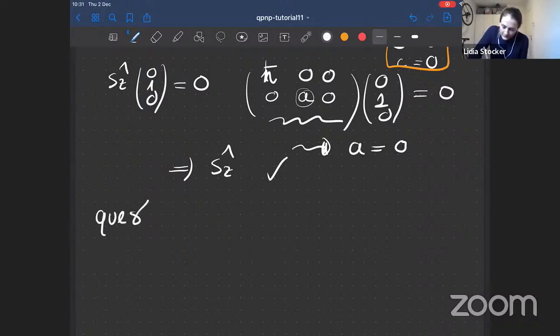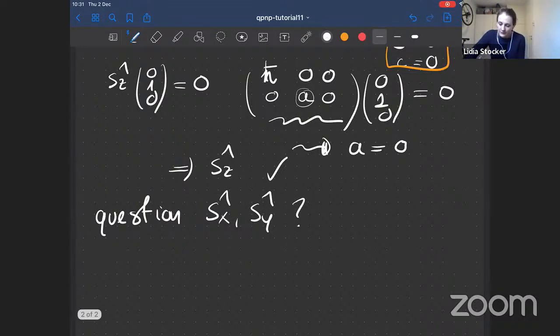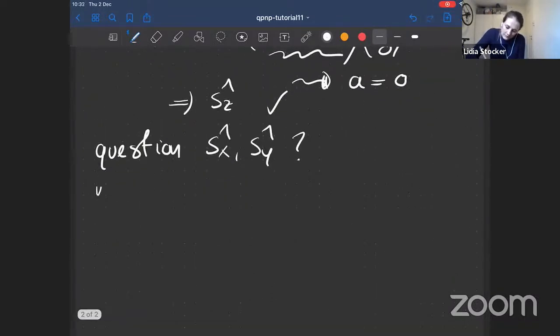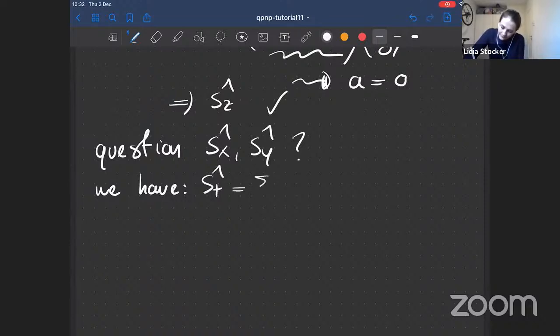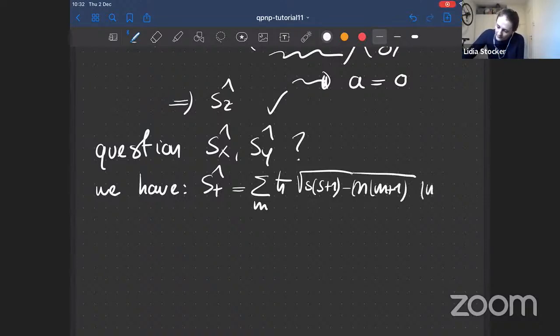Now the question is, Sx and Sy operator, and how can we determine them? We have the definition of the S plus operator, h bar sum over m of square root of s plus 1 minus m plus 1 of m plus 1 m.